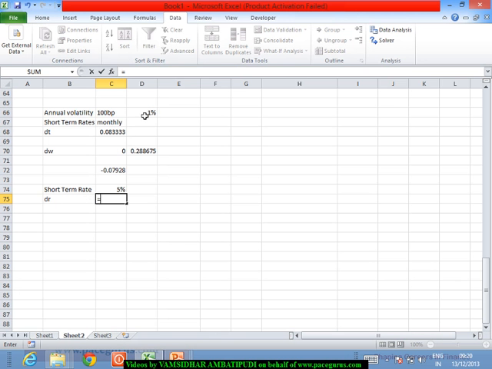The annual volatility is 1% times this dW, and this is my dr. So the interest rate for the next month is going to be this much plus this much.